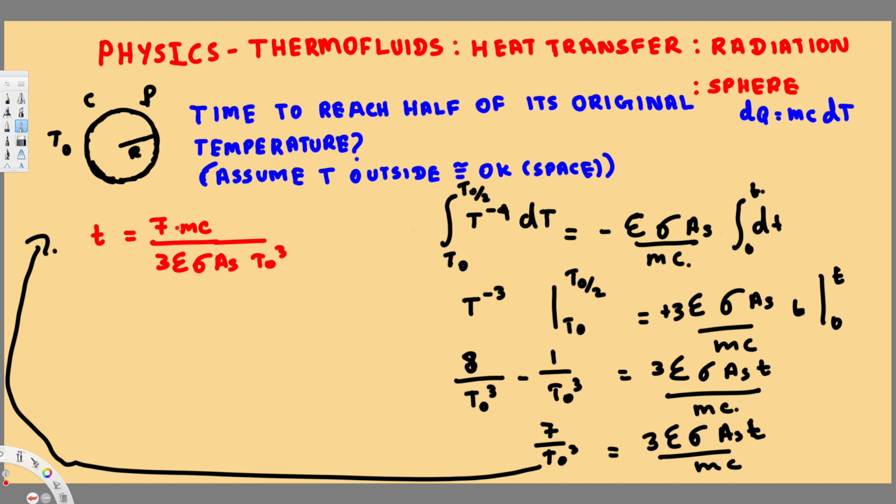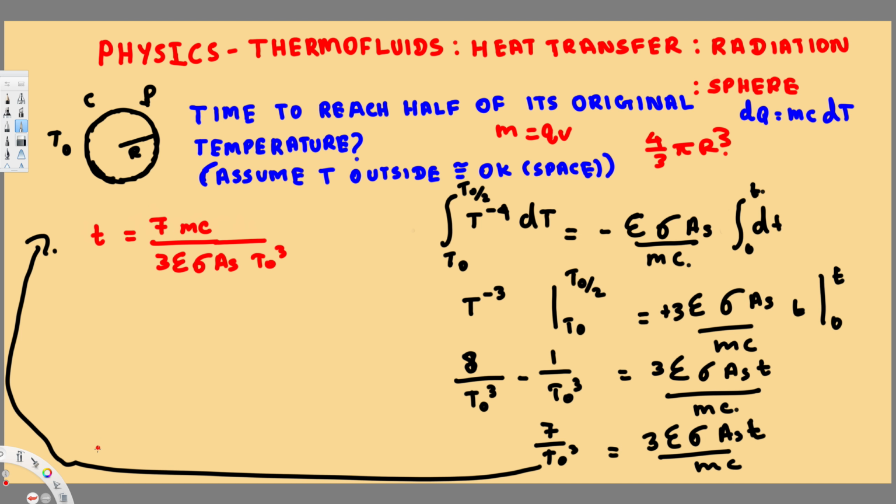Now this is mass. We know that mass is rho times V. The volume for a sphere, since this is a sphere shape, is 4 by 3 pi r cubed. If I write this in terms of this, it will be helpful because here we have surface area, so we can cancel the pi and r with that one.